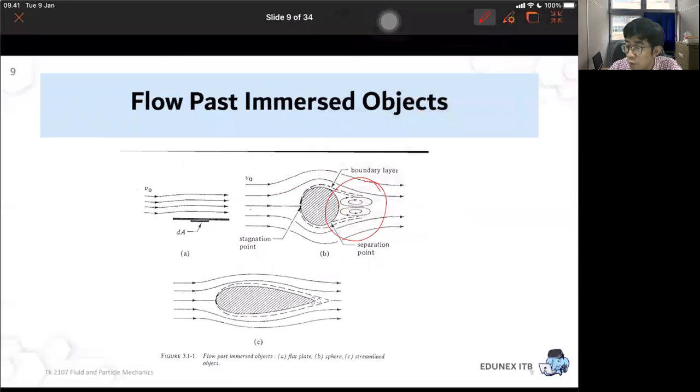For example, if you have very flat particles, actually it won't change the flow pattern of the fluid. Or if you have a bigger particle, but a streamlined body, there will be no wake occurring here. Right?